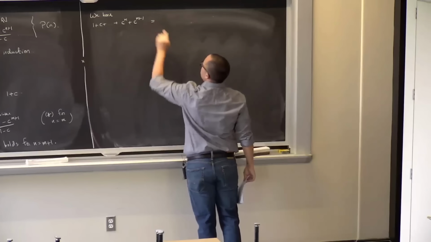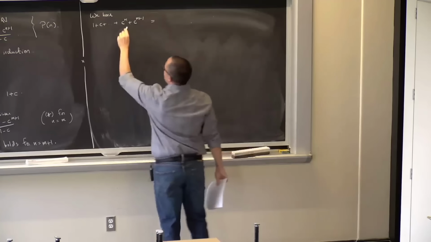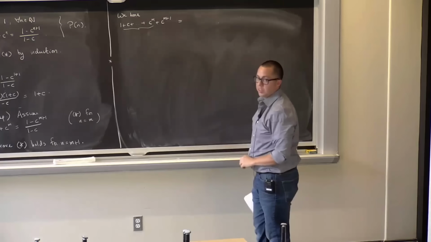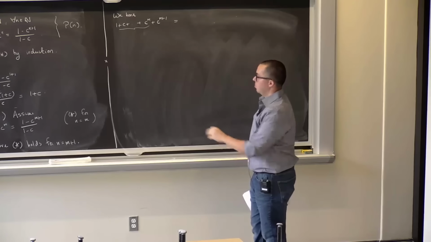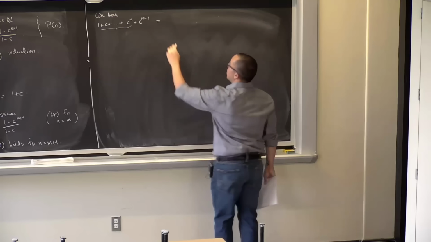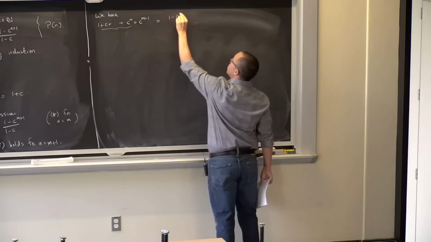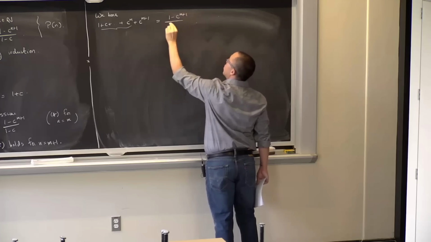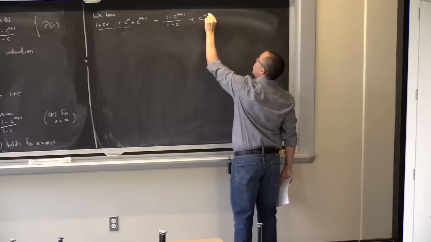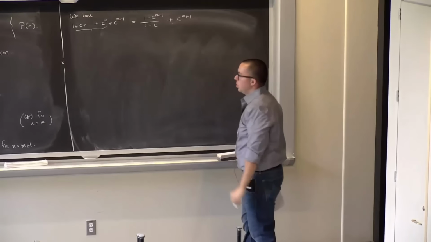Now, we already know what this is equal to by our assumption. This is by the second star there, which is what we're assuming is true. This is equal to 1 minus c to the m plus 1 over 1 minus c plus c to the m plus 1.